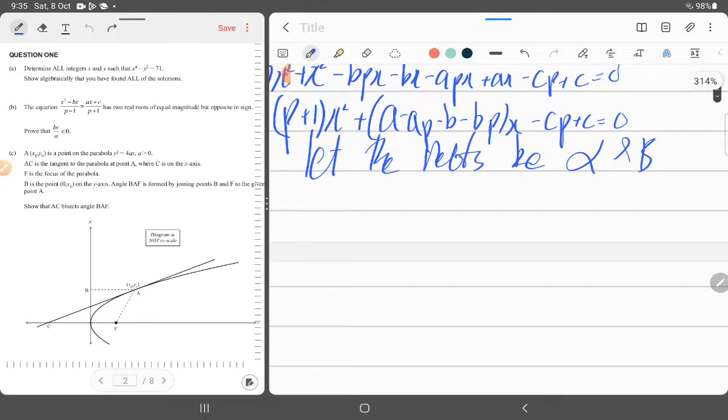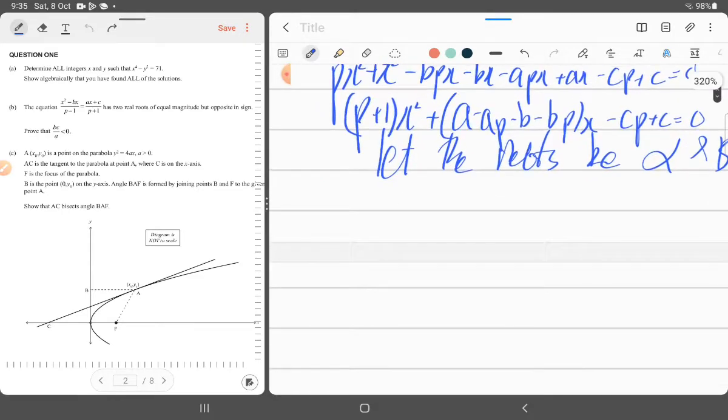So alpha plus beta will be equal to 0, since they cancel out.